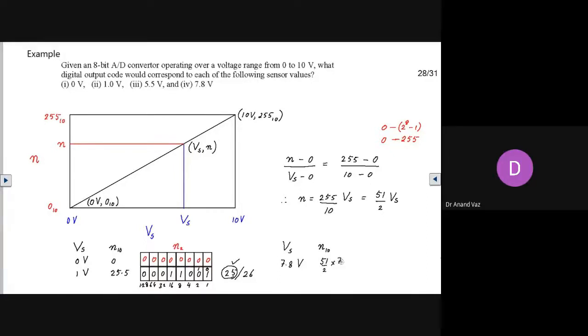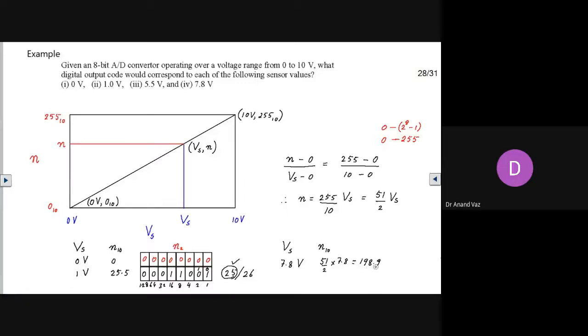Can you tell me what this is going to be? Yes, quickly. 198.9, sir. 198.9. So we have to represent it as 198.